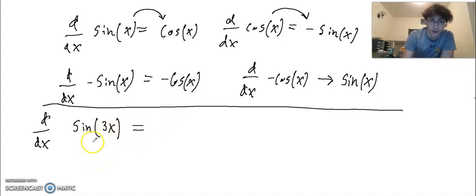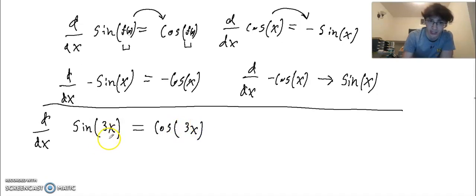So first, with chain rule, we just take the derivative as normal, where you just ignore the inside. So it would be cosine of 3x.